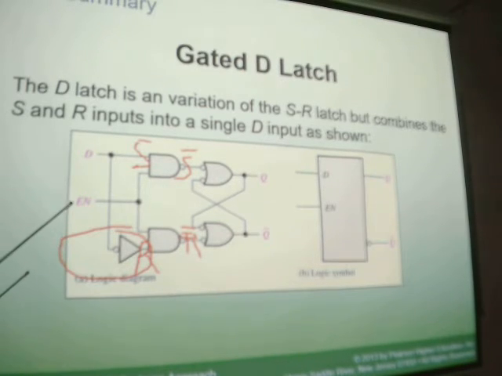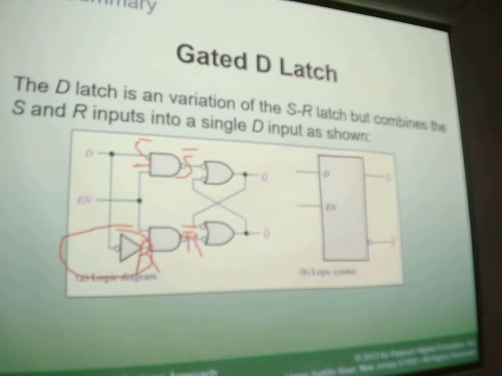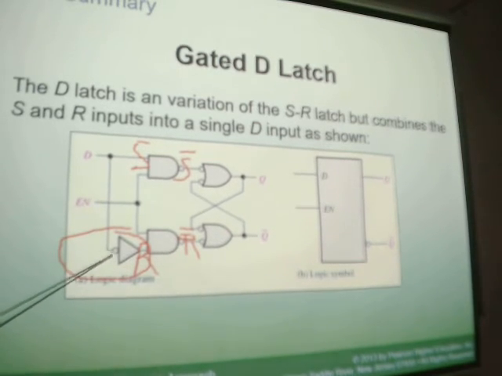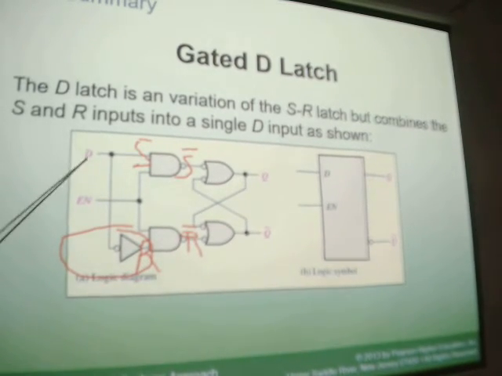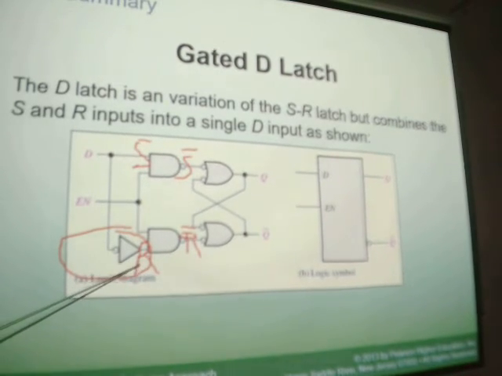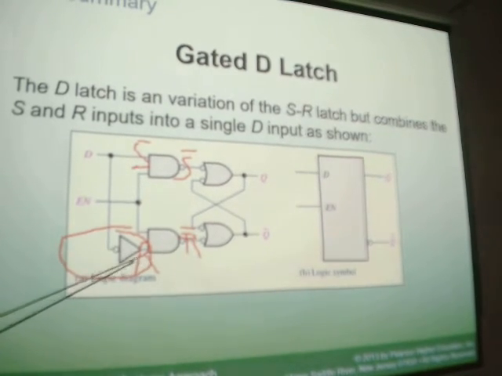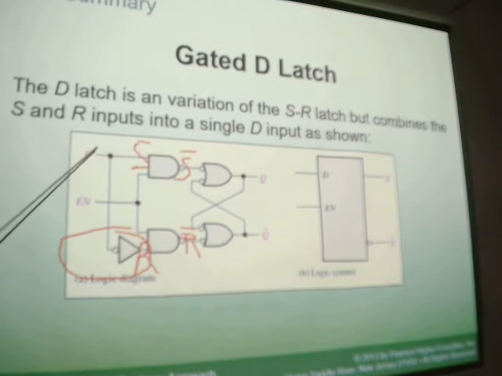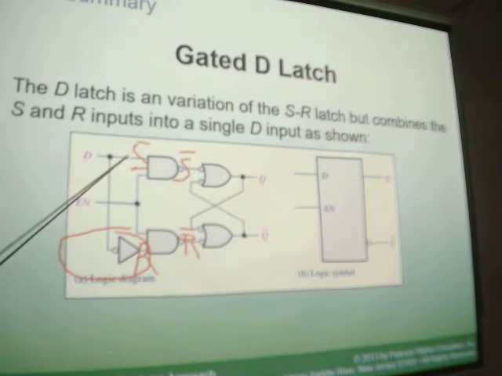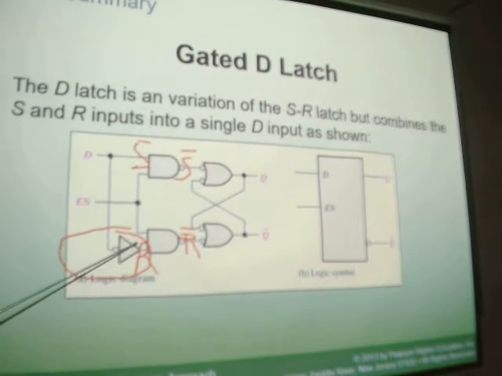They cannot be the same because there is only an inverter. So if D equals 1, then S equals 1, R equals 0. If D equals 0, then S equals 0 and R equals 1.